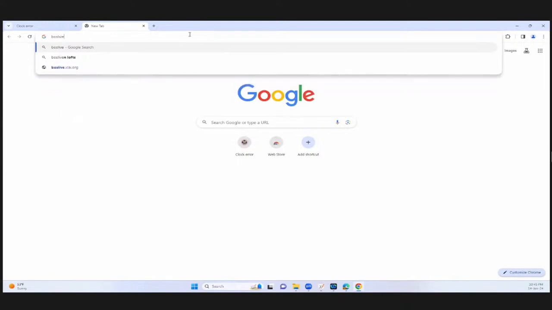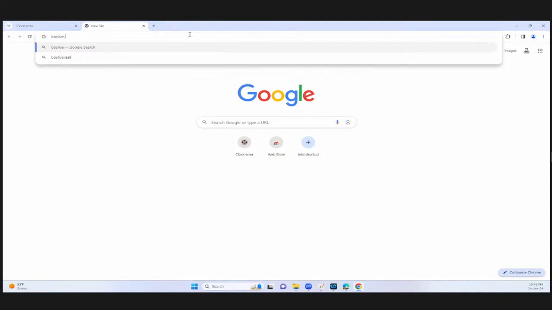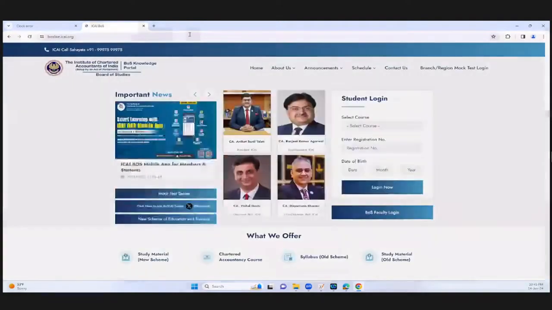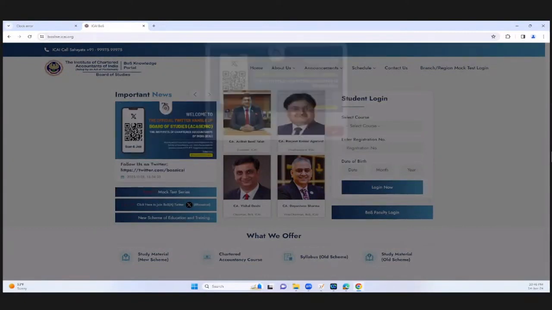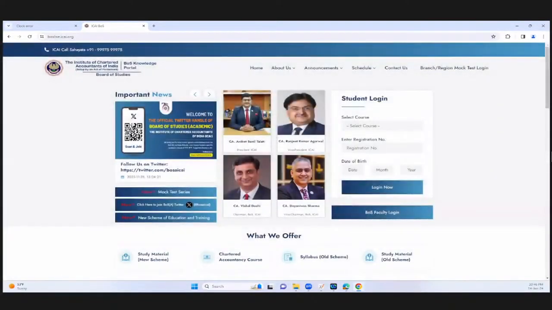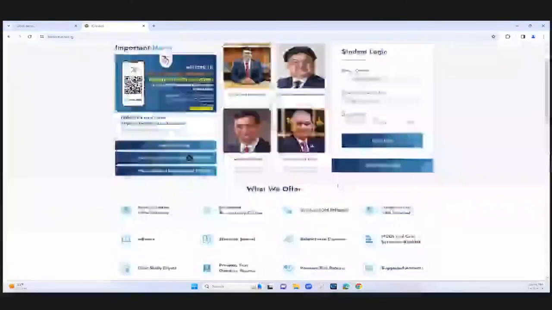We want to go to BOS knowledge, BOS live learning. Through the institute site also we can come here. If we go to the institute site, we go to students, and from students we can come to the BOS knowledge portal.